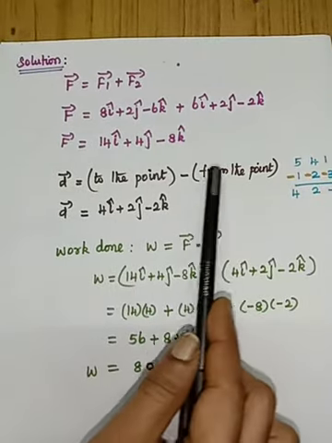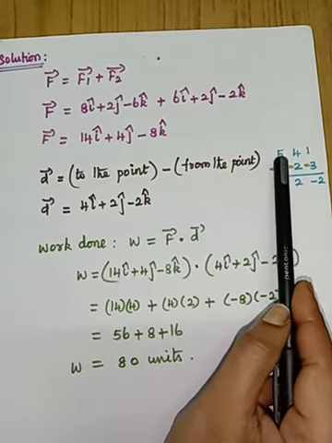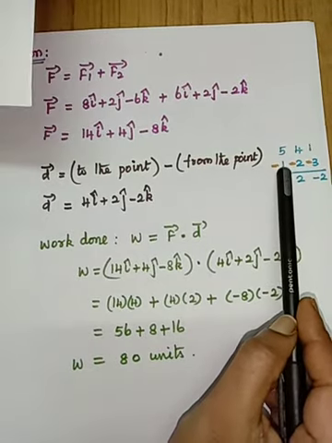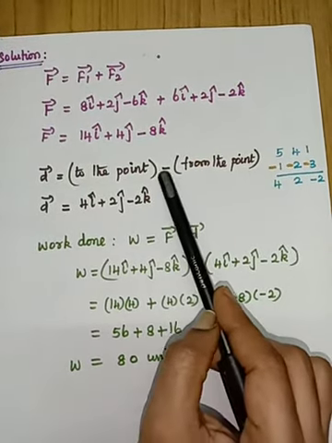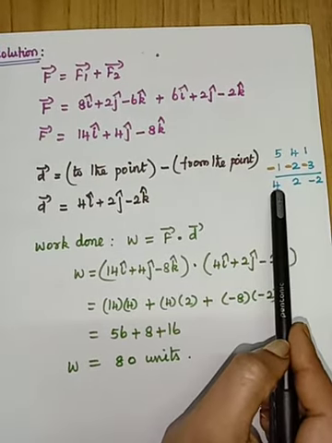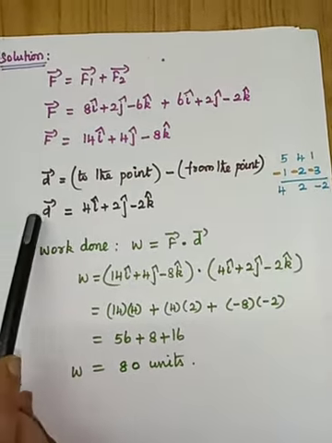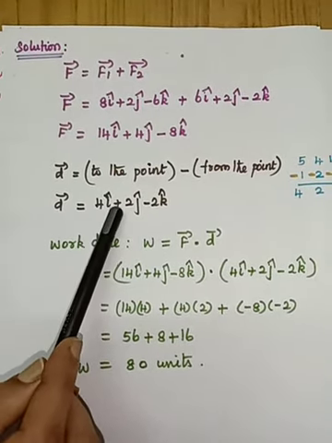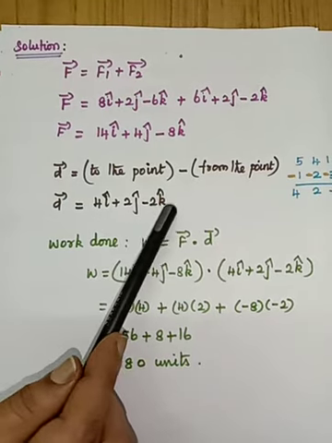To-point minus from-point. I have written it in the rough column: 5, 4, 1 and 1, 2, 3. You have to subtract, so I change the sign, and you will get the answer 4, 2, minus 2. Written as a vector, it is 4i cap plus 2j cap minus 2k cap.